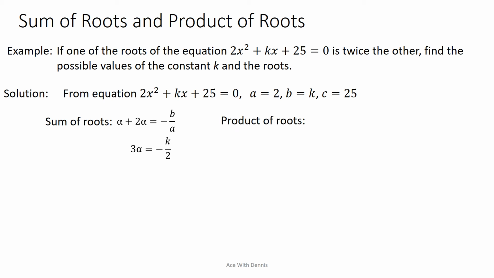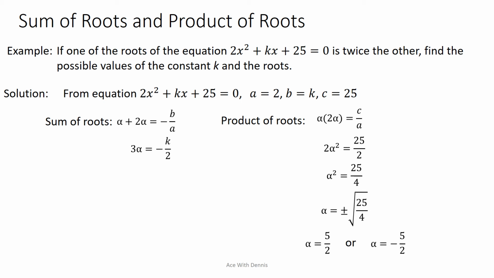For the product of roots, it is alpha times 2 alpha equals c over a, which is 2 alpha square equals 25 over 2, or alpha square is 25 over 4. Alpha is plus minus square root of 25 over 4, which is alpha equals 5 over 2, or alpha equals negative 5 over 2.